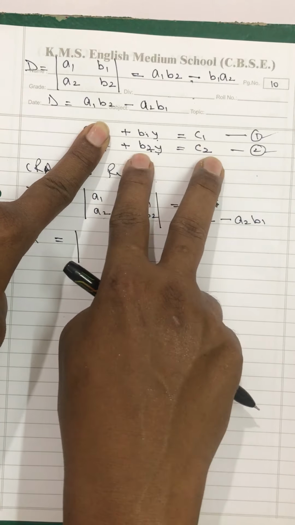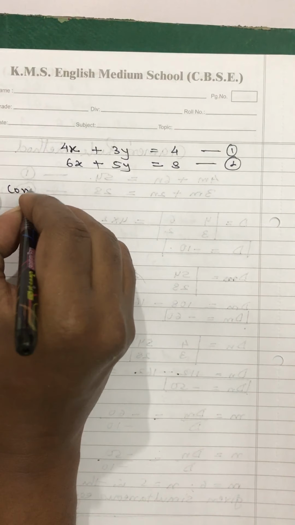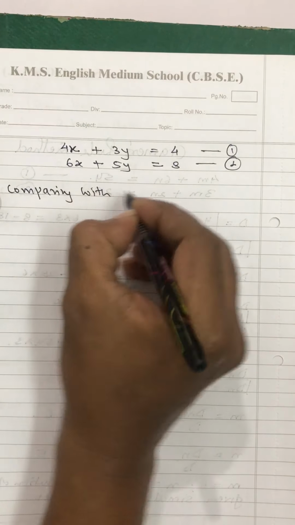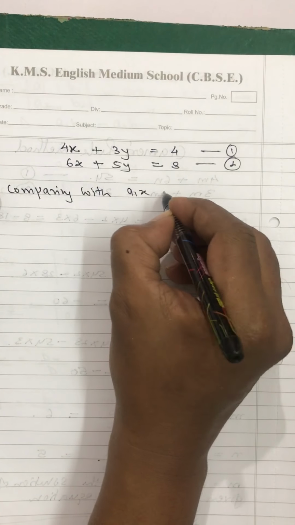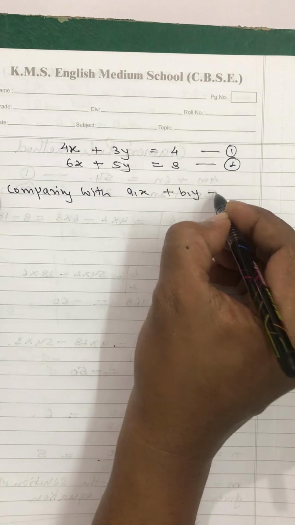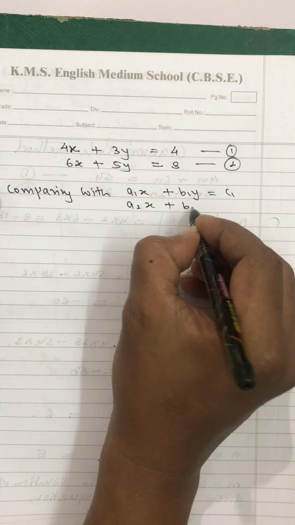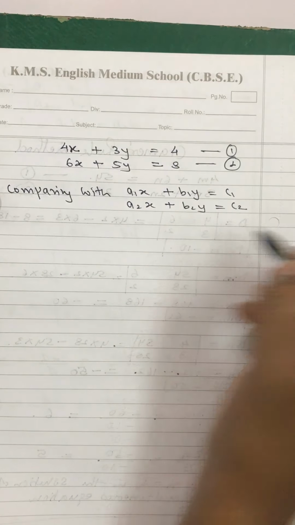It is possible that school teachers may demand you to write comparing with a1x plus b1y is equal to c1, a2x plus b2y is equal to c2.